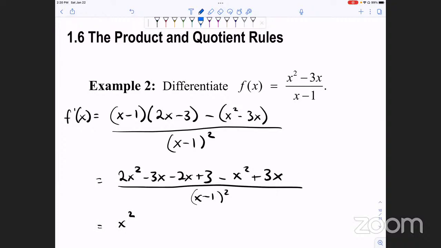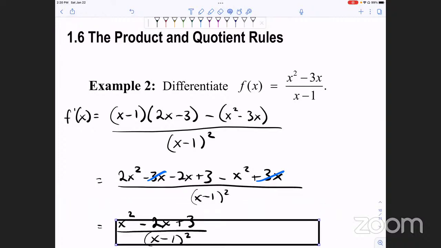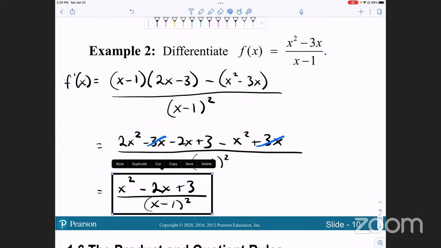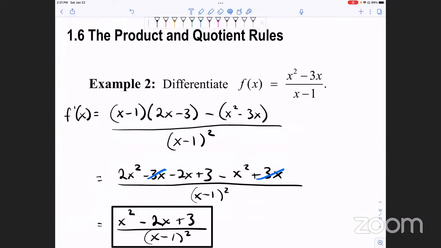I think these two cancel each other out, so this is canceled by this. 2x, x plus 3.